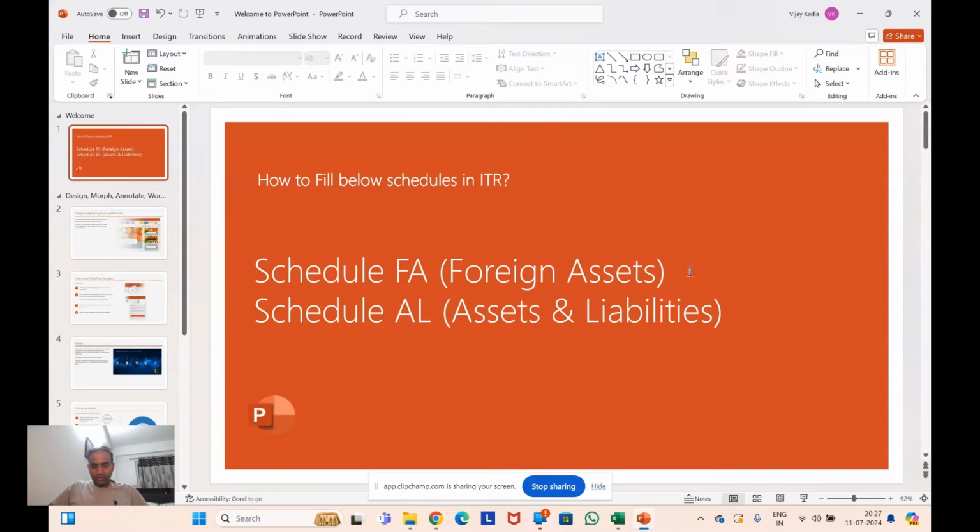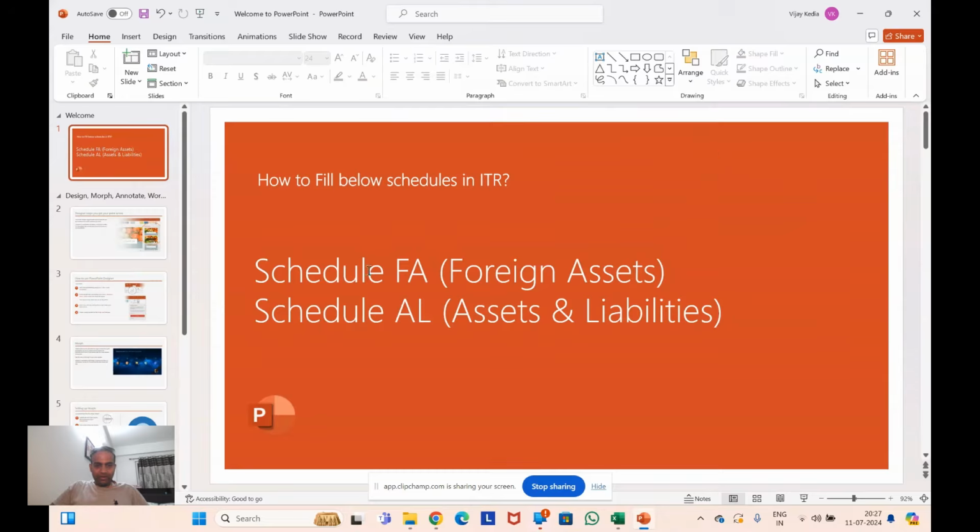Mostly for working people, it's the foreign stocks they get from their company, and this declaration is important because non-compliance with this schedule can cause a very high penalty of up to 10 lakh. Also, Schedule AL is mandatory if your taxable income exceeds 50 lakhs.